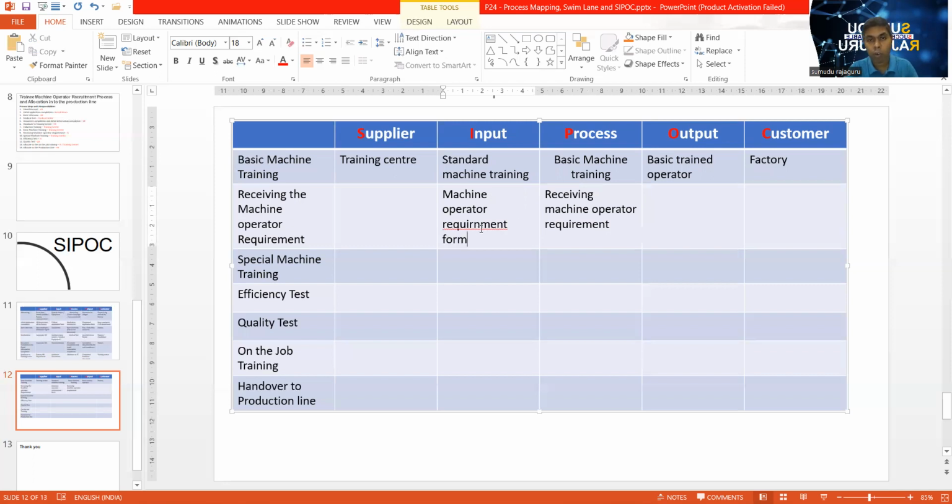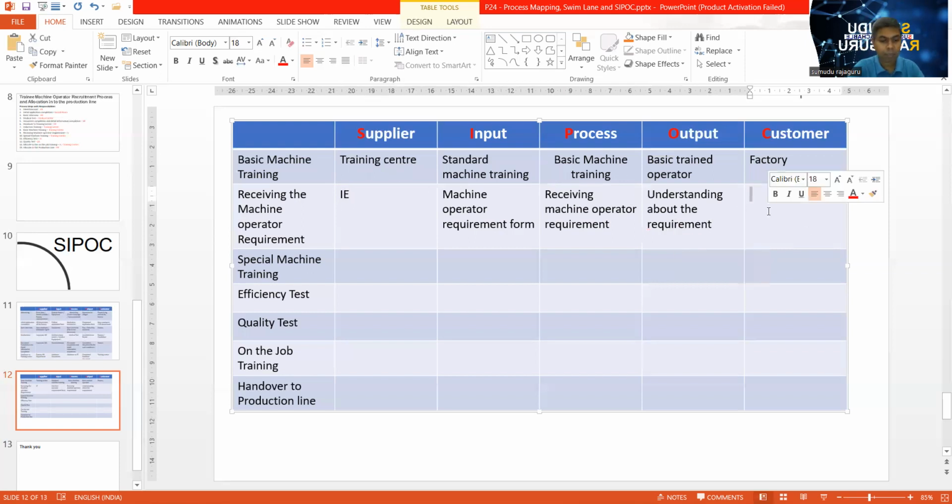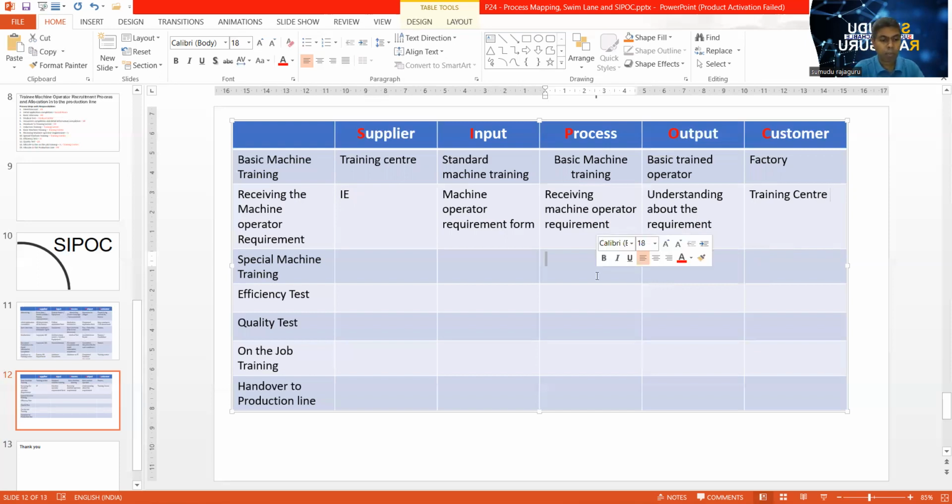What is the output? Understanding about the requirement. This is given by IE, so the supplier is IE. Who is the customer? The customer is the training center.